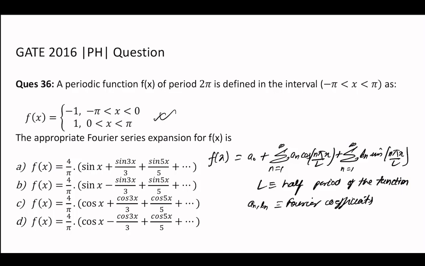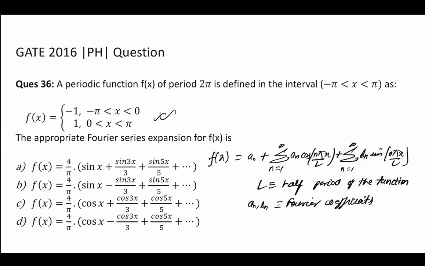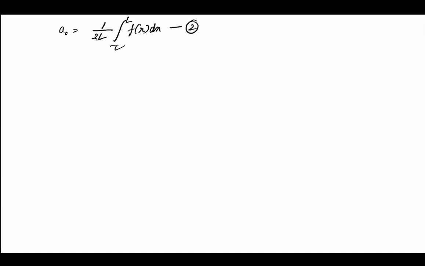And these coefficients are given by a naught is equal to 1 upon 2L, integral from minus L to L f(x) dx. Now this quantity represents nothing but the mean of this periodic function f(x).